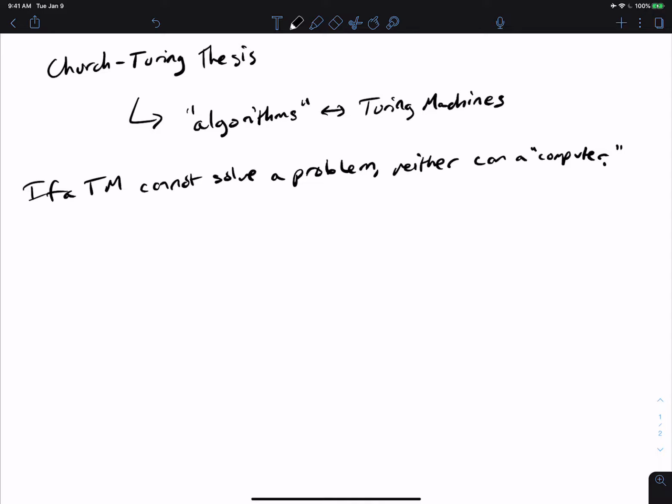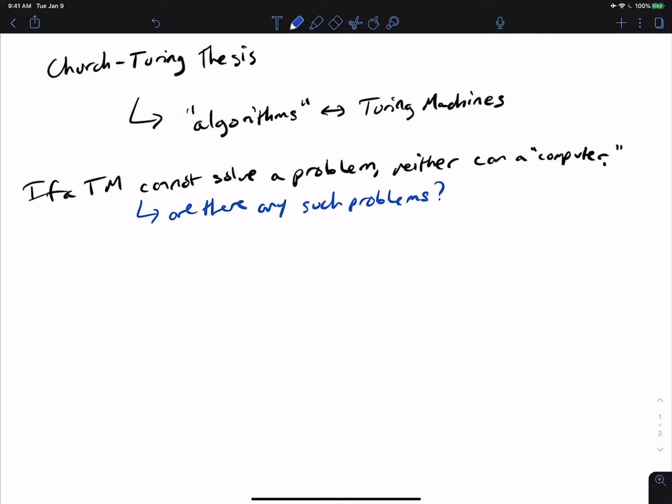Okay, so one way to ask this: are there actually such problems that cannot be solved? And if there are, how do you actually show that a Turing machine cannot solve a problem?